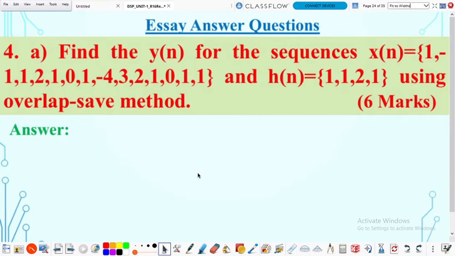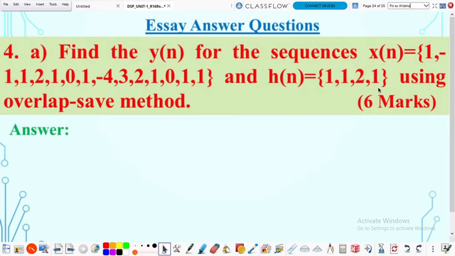The example is: find the output sequence y of n for the sequence x of n equal to 1, minus 1, 1, 2, 1, 0, 1, minus 4, 3, 2, 1, 0, 1, 1, and the impulse response h of n equal to 1, 2, 1, 1, 2, 1, using the overlap save method.